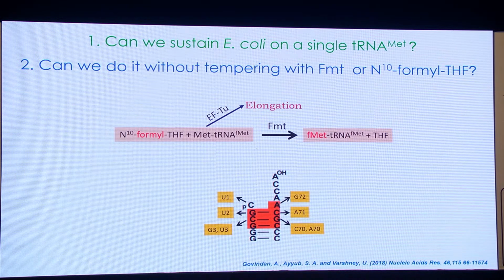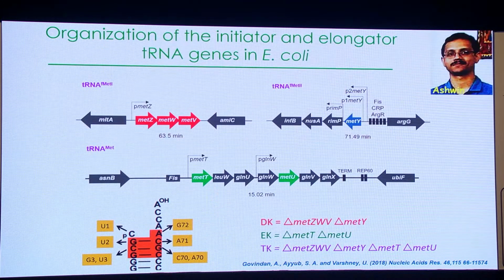And while working in Tom's lab, I had actually characterized many of these tRNA mutants in the acceptor stem region, where changing this position, this position, this position, or these positions actually made the tRNA very, very compromised for formylation property.